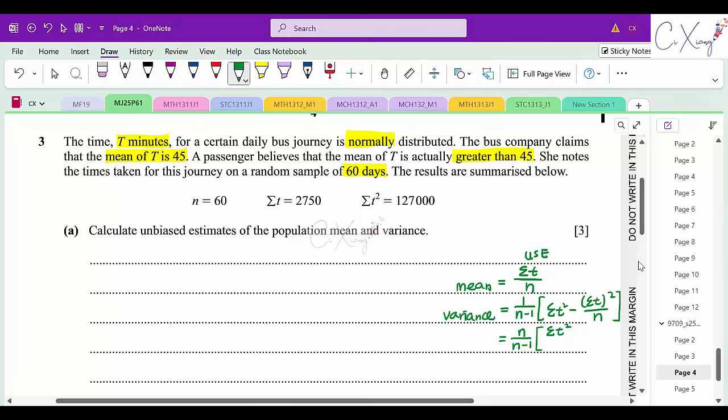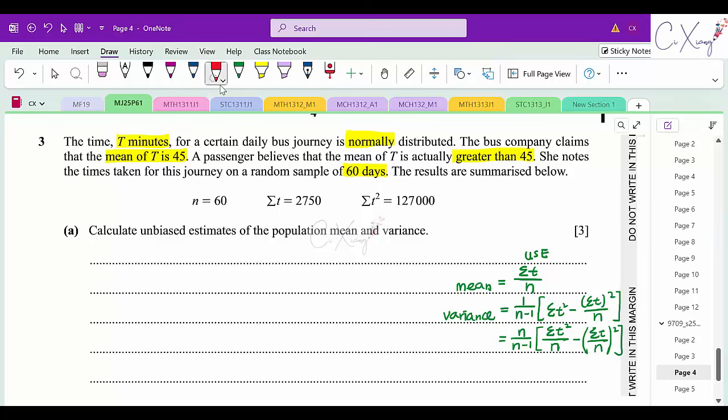So summation t squared divided by n minus summation t over n, squared. I think both equations are provided in the formula booklet, so you can refer to it if you can't remember. Later when I calculate the population variance, I will use the first one. Okay, so let us start.